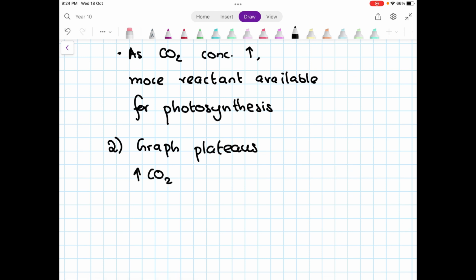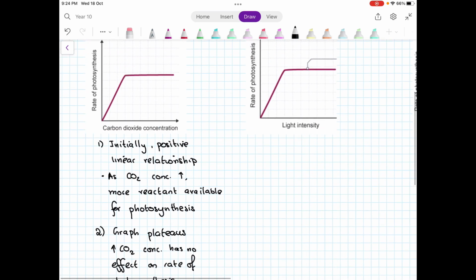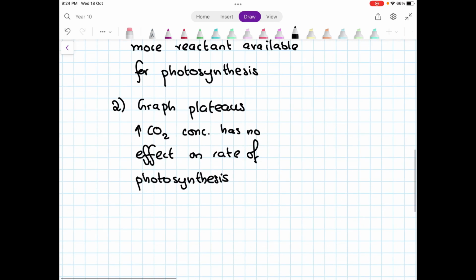Here, increasing carbon dioxide concentration has no effect on the rate of photosynthesis. And the reason why this is the case is because there could be other limiting factors, for example, light intensity or temperature.